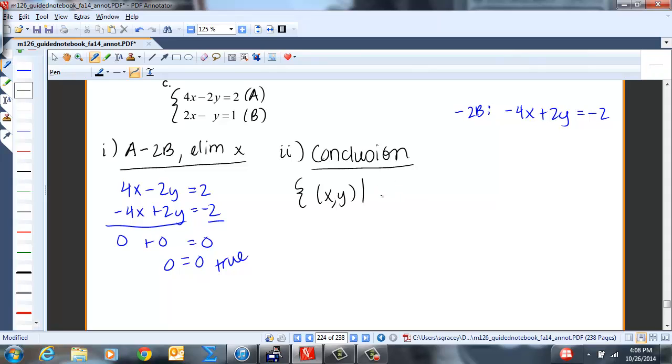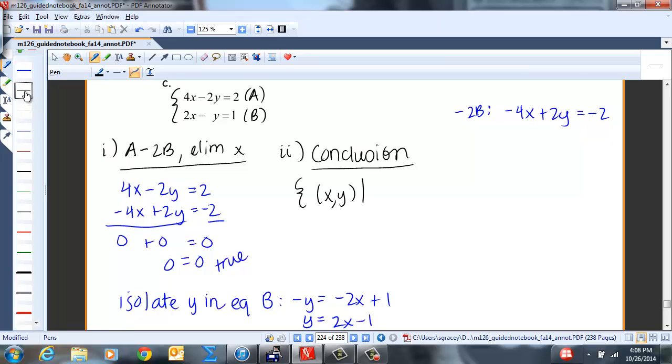So if you notice, oh, actually that's what they did in this one, huh? Sorry. Let's isolate y to set up our conclusion in equation B. And that would give us negative y is equal to negative 2x plus 1. So y is positive 2x minus 1.